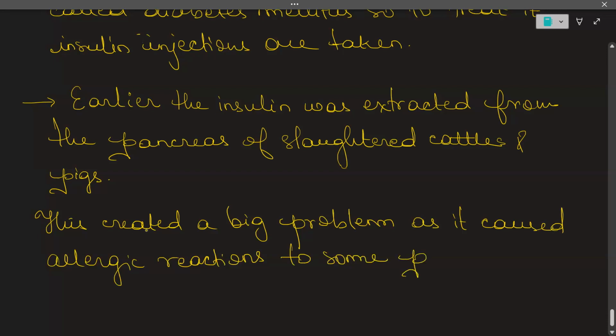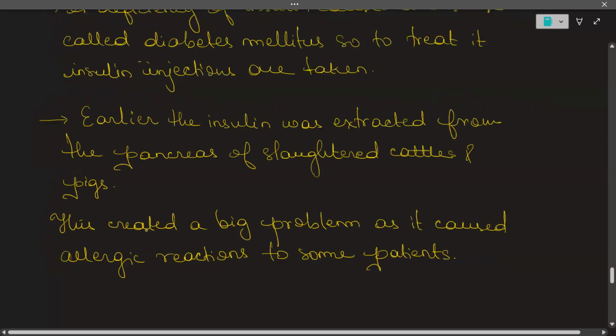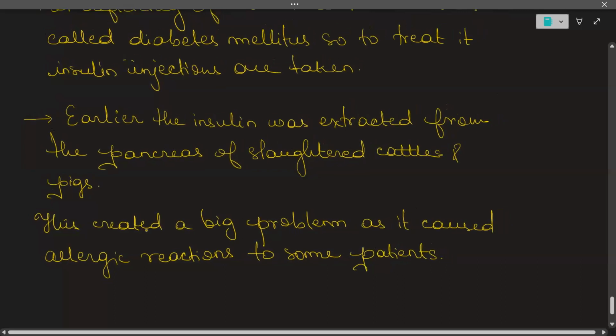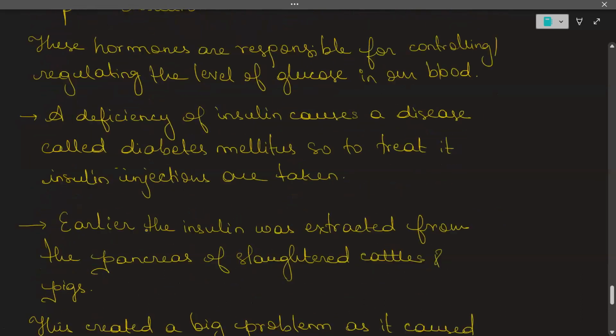This much is clear, students. Now you understand why genetically engineered insulin is required. Okay, now you can note it down.